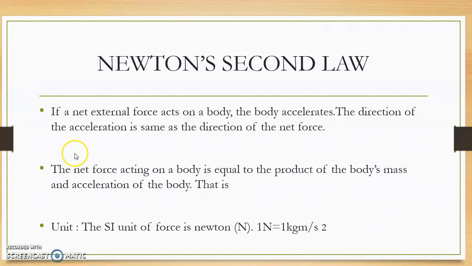Newton's second law. If a net external force acts on a body, the body accelerates. The direction of the acceleration is the same as the direction of the net force. The net force acting on a body is equal to the product of the body's mass and acceleration of the body, that is, summation of F equals mass into acceleration.